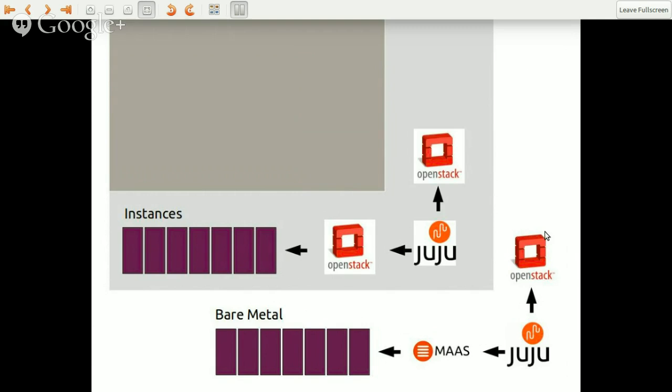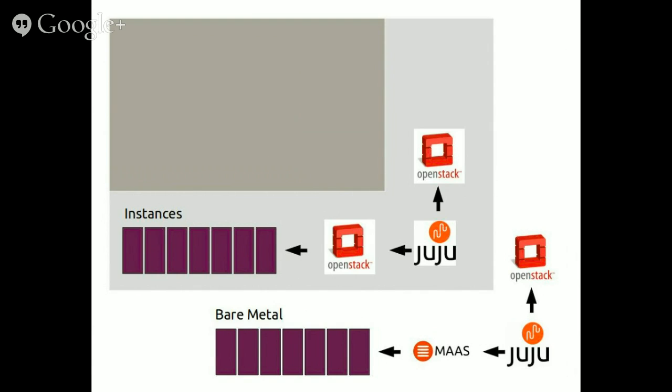And so the right side and the bottom side is representing a Juju instance that speaks to MAAS, which talks to bare metal, and Juju then deploys the OpenStack services to that bare metal. Okay, and so we're going to be operating in this inner box where Juju talks to OpenStack, which talks to instances in this outer layer, and then deploys OpenStack to it.